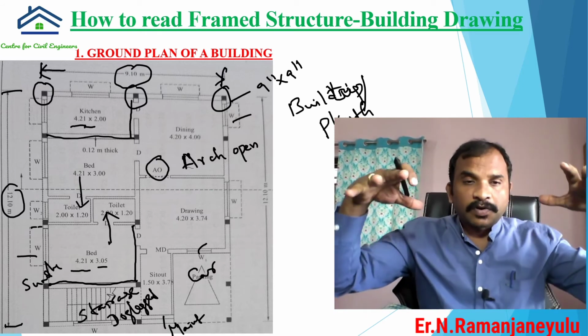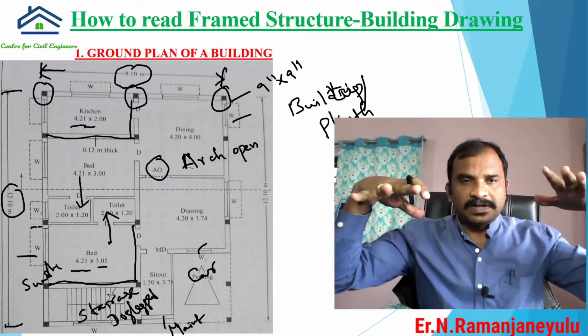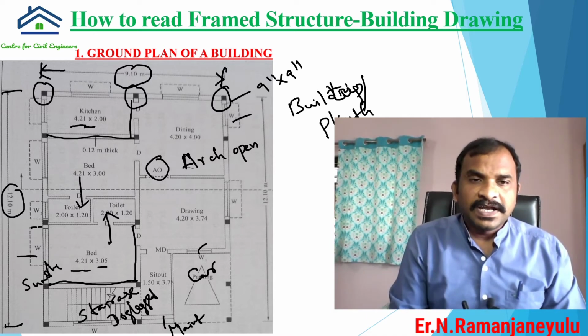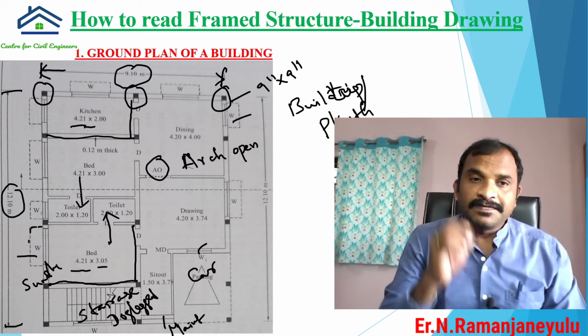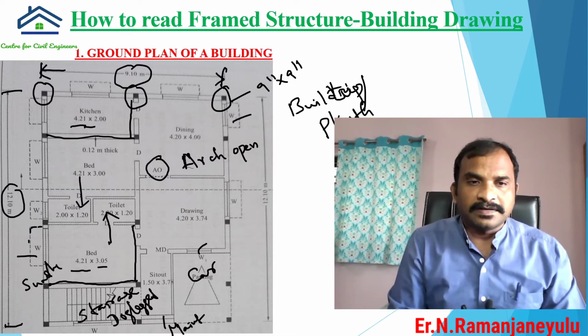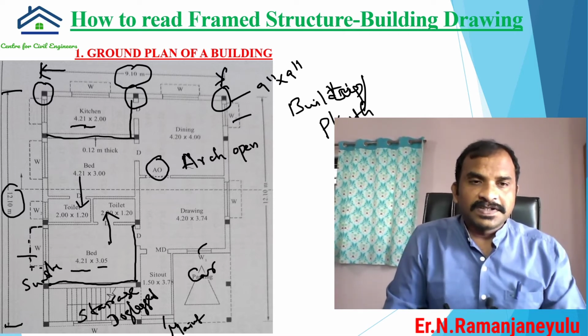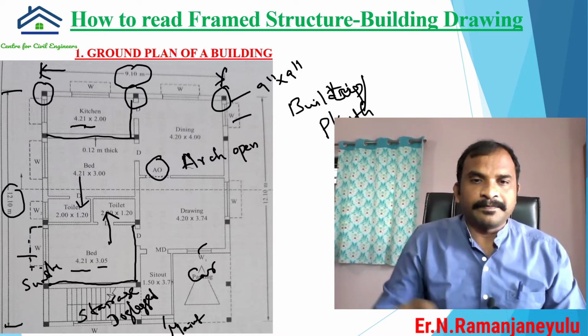Whenever we see from the top side, the sunshade is not visible. That's why it is drawn in dotted lines. Actually it is located at 7 feet level, at door height. The sunshade is constructed at door level. That's why it is not visible at sill level, and that's why it is drawn in a dotted line.